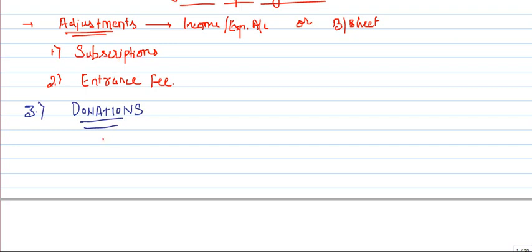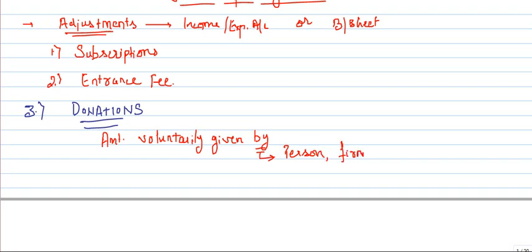Any amount voluntarily given by any person or any firm or any company, right?